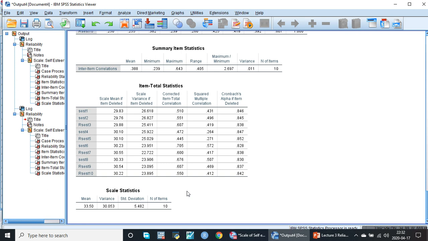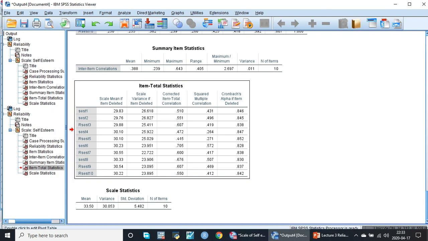But if you are using an established, validated scale, removal of an item means that you will not be able to compare your results with other studies, because other studies will have used all of the items, 10 items, and if you are using 9 items by removing any question, then you will not be able to compare your results with other studies.